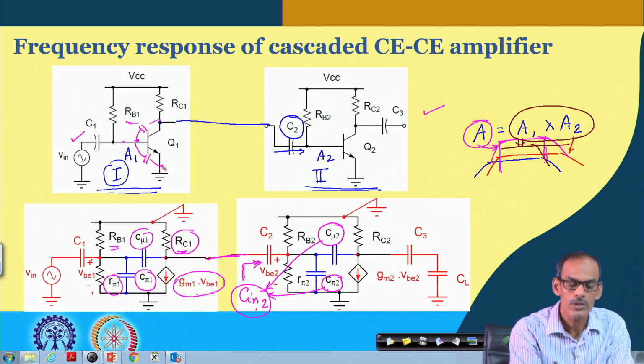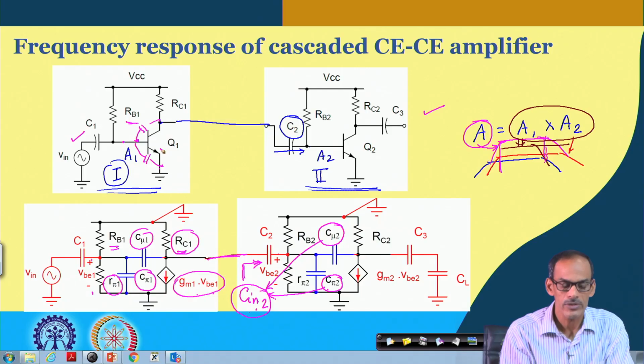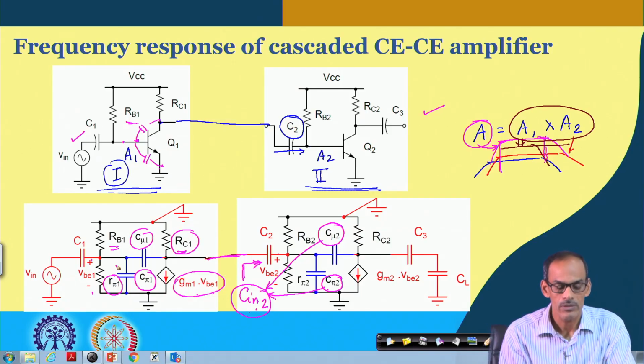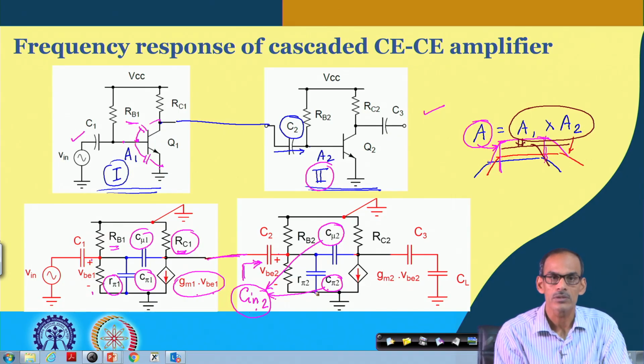Considering all these small signal parameters, what we obtain here is the overall small signal model of the first CE amplifier. Similarly, for the second CE amplifier we have the corresponding small signal equivalent circuit.